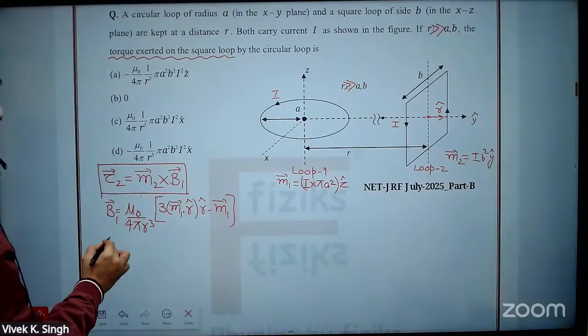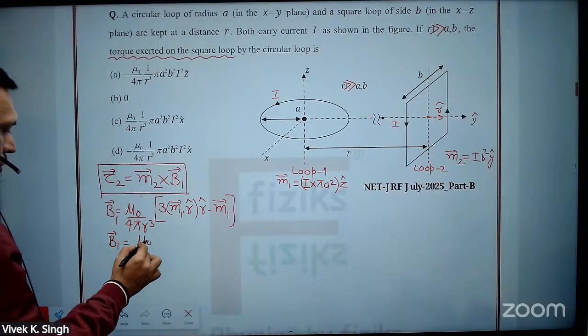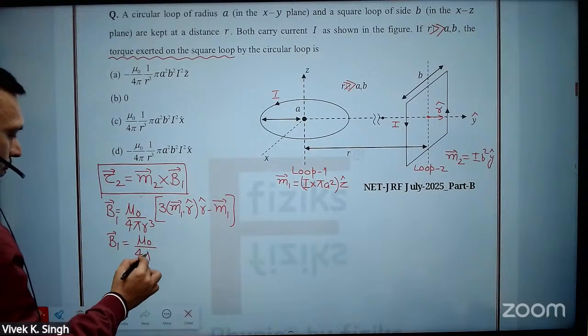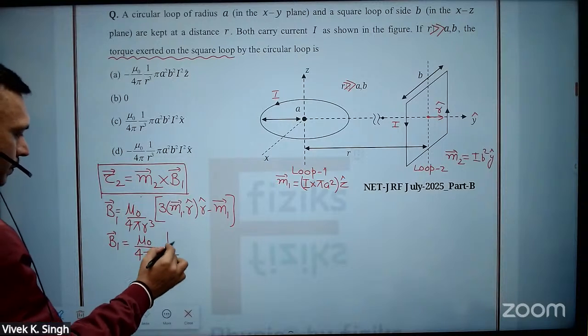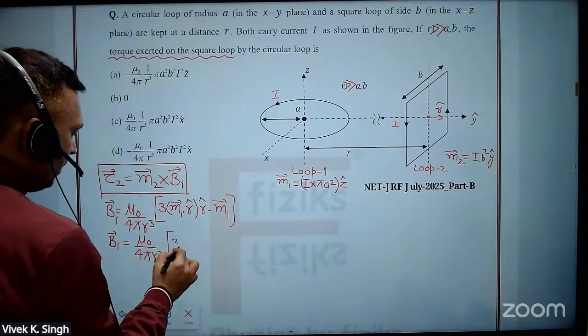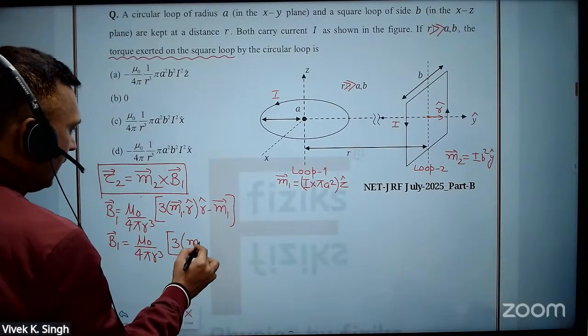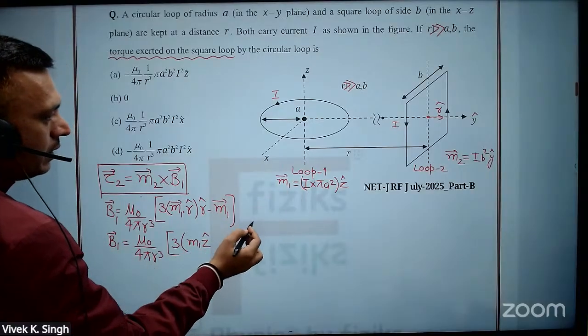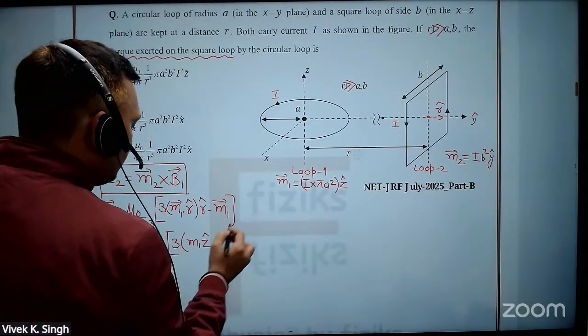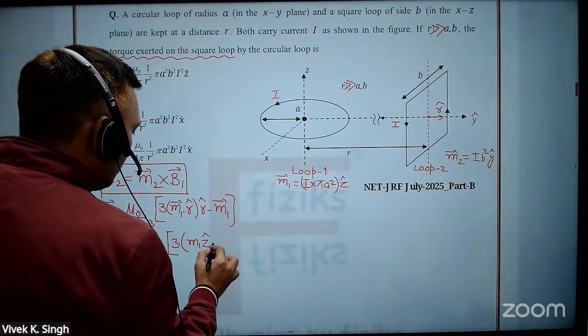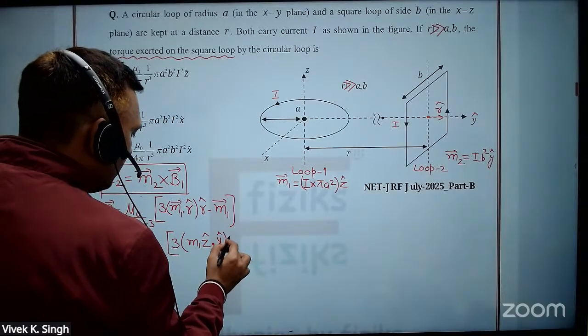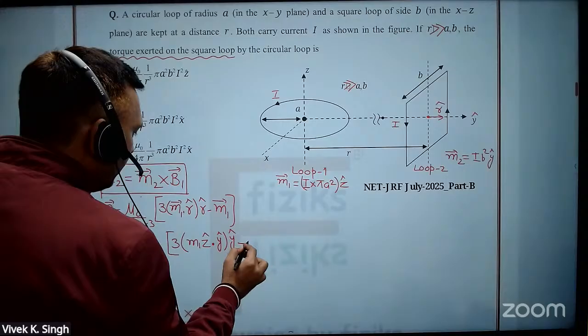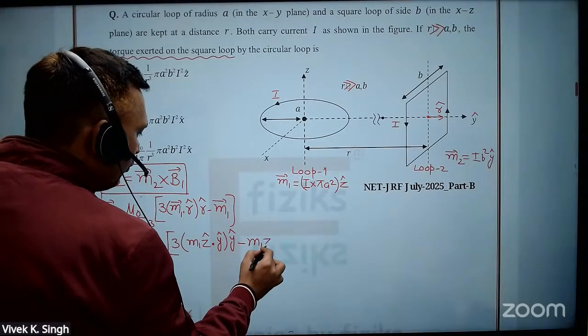So B1 is given by mu naught by 4 pi r cube times 3 M1 z cap, because this is M1. M1 is this magnitude, direction is z cap, and this is dot y cap, and y cap, minus M1 z cap.